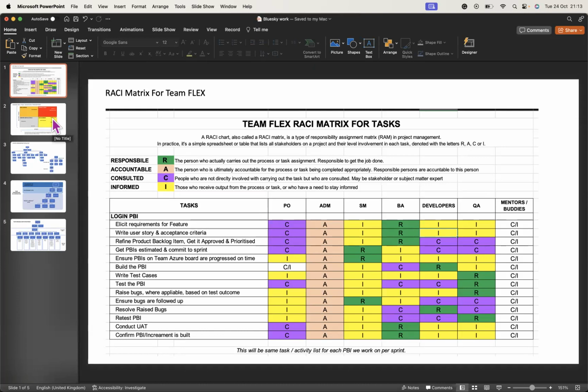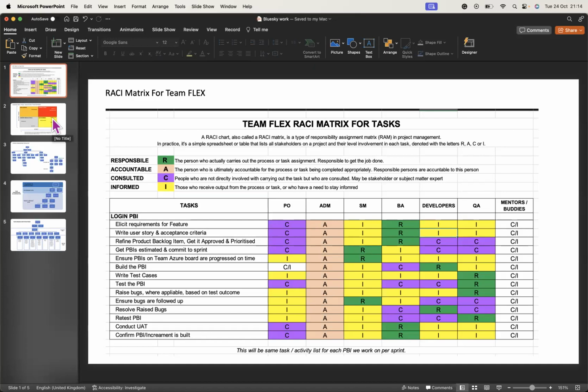With the RACI, we thought if we broke it down to the level of individual tasks, it makes it easier to really be clear on who's responsible for what within the project teams for each task, seeing that in building that product, the responsibility moves depending on what needs to be done.